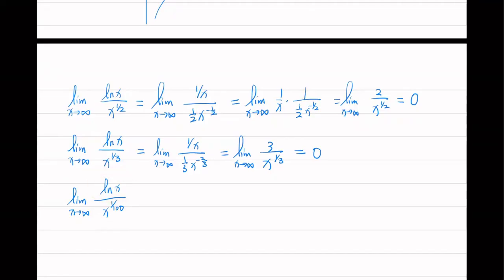Okay, how do you verify this? No, no, this time it's not induction. This time you apply L'Hopital rule. Sometimes you say, okay, induction, but this time we cannot use induction. It doesn't work.